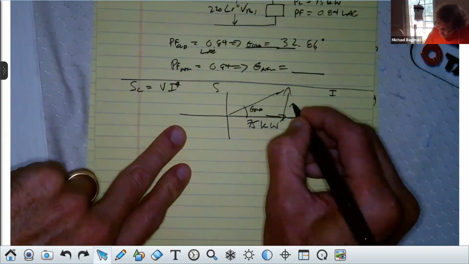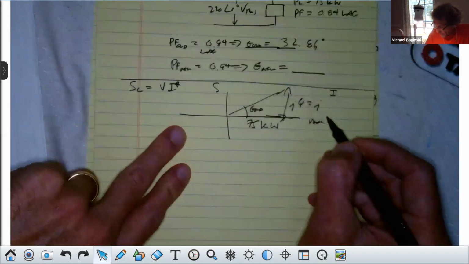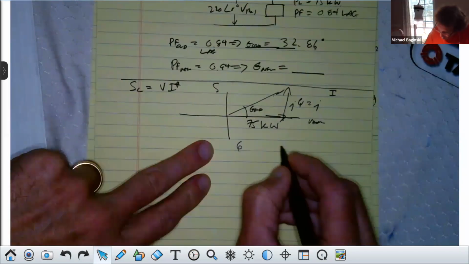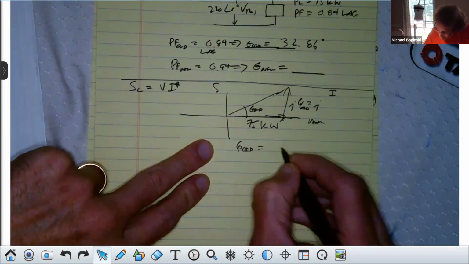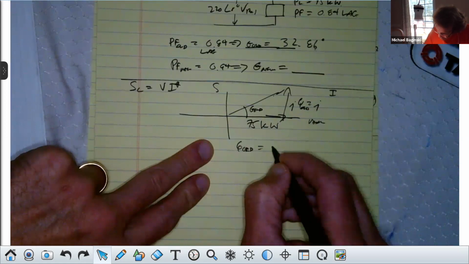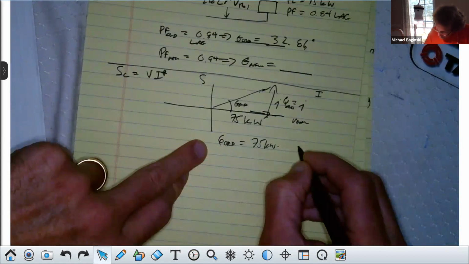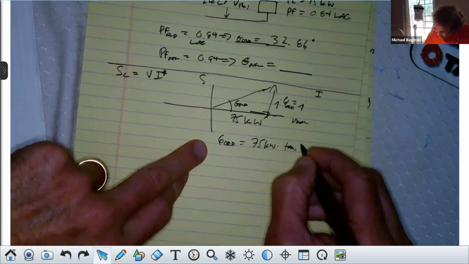And that jQ value would be what? How would I get that? Well, wouldn't I say that the Q value here, and you can call it old if you want, would be equal to the 75 kW times the tangent of theta old?